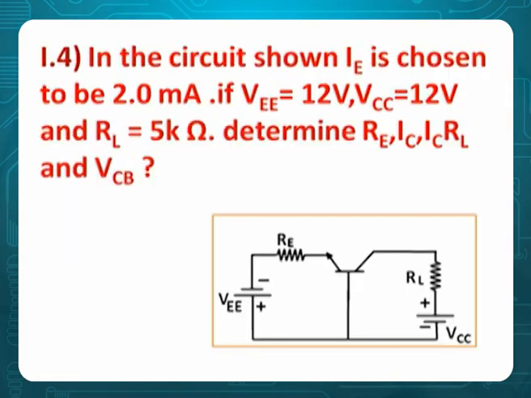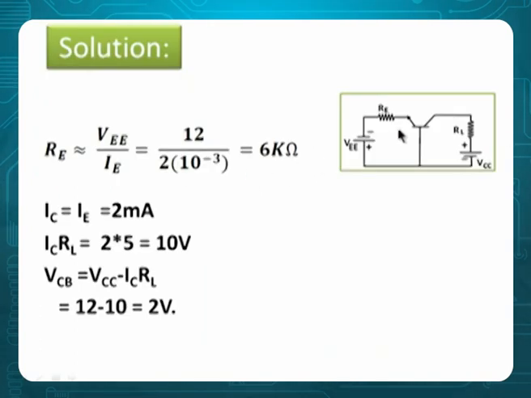Problem 4. In the circuit shown, IE is given as 2 milliamperes, VE is given as 12, VCC also given as 12, RL is 5 kilo. Calculate RE, IC, ICRL and VCB. When you look at this circuit, RE is approximately VE by IE, so they already gave it as 12 by 2, 6 kilo.